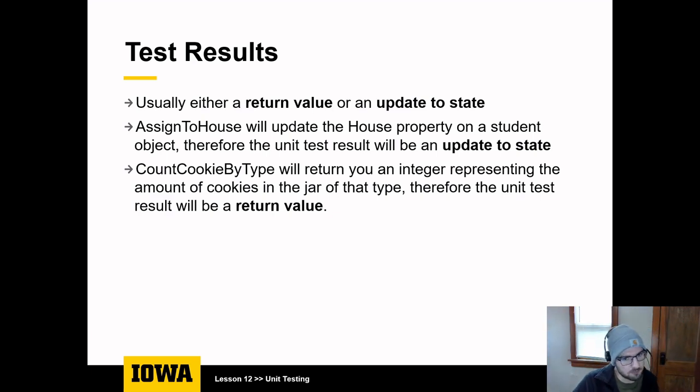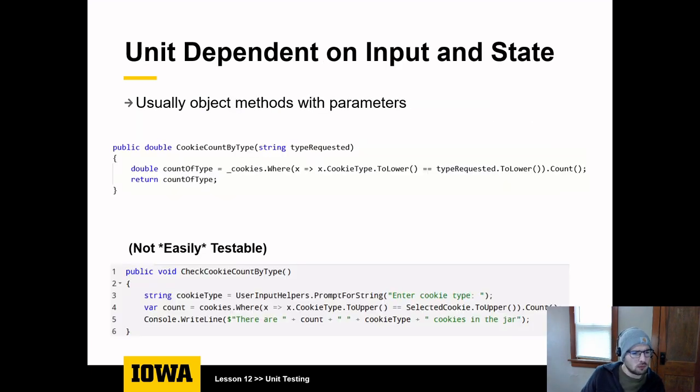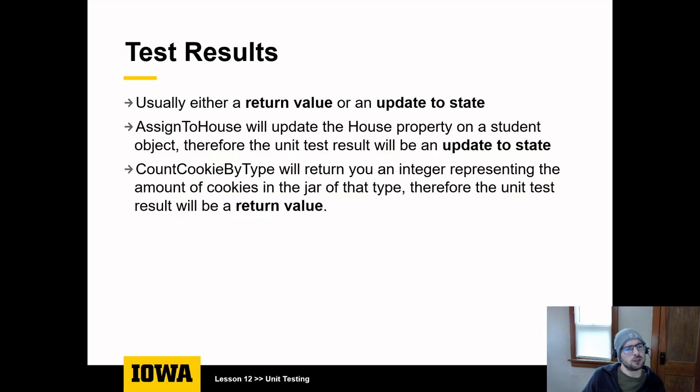And CookieCountByType, for example, you call it with some input, and it's dependent on the internal state, but the result of calling that method is simply a return value. It returns a double or whatever it does. I don't know why it returns a double instead of an integer. But anyway, those are two different types of test results we have.